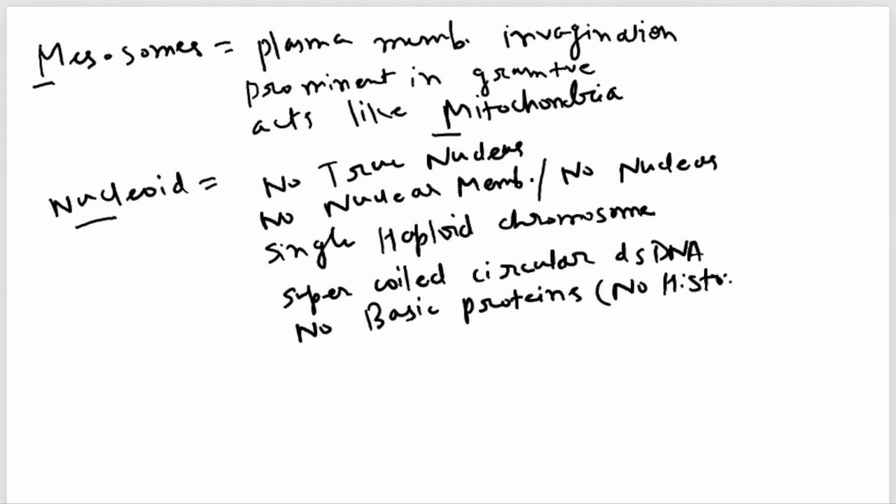Okay, so structure of the nuclear or genetic material in bacteria is pretty basic. It is nucleoid. There is no nucleus, no nucleolus, no nuclear membrane, no basic proteins associated with the DNA. DNA itself is a highly coiled structure, supercoiled, circular, double stranded DNA, except the Vibrio cholerae.